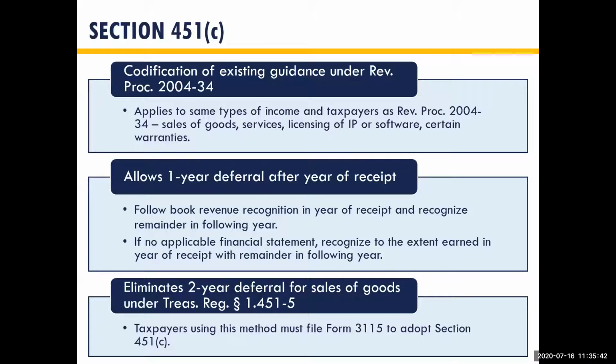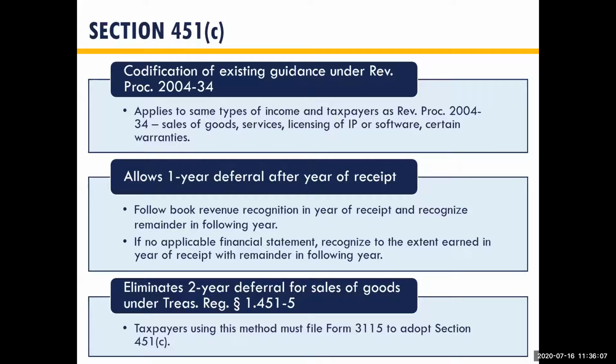So all the cash I collect in 2019, I have to recognize by the end of 2020. Book, on the other hand, is likely to spread that out until the end of the contract term, until all obligations have been satisfied. So they will have that liability on the balance sheet for quite some time. And this is where we get our unfavorable book tax difference, because we're going to pull that into income and they are going to continue to defer it.